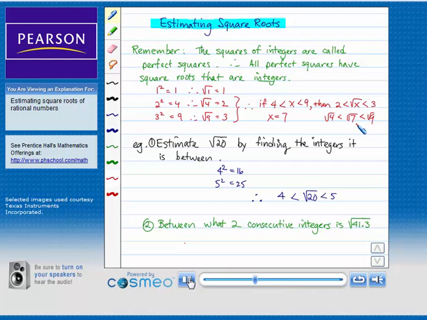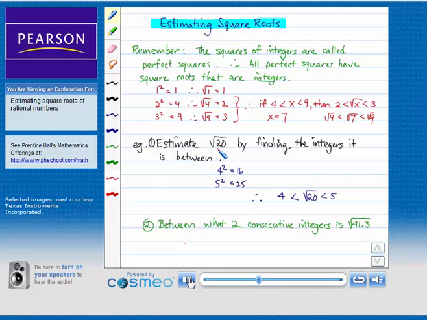Therefore, I know that the square root of 7 is less than 3 and greater than 2. It's a number somewhere between 2 and 3. You can approximate its value on your calculator, but we know that it has to be a number that's between 2 and 3.